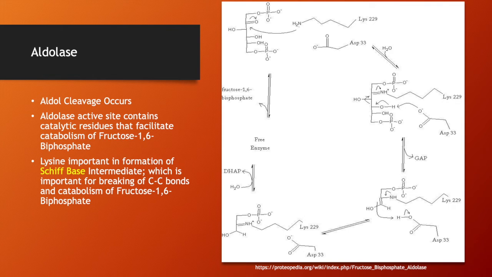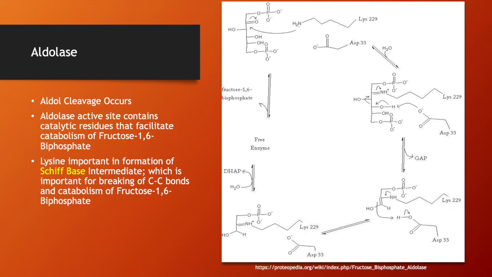One of these residues is lysine, which is very important in the formation of something called our Schiff base intermediate. And our Schiff base intermediate is very important in breaking carbon-carbon bonds and for the eventual catabolism of fructose 1,6-biphosphate.